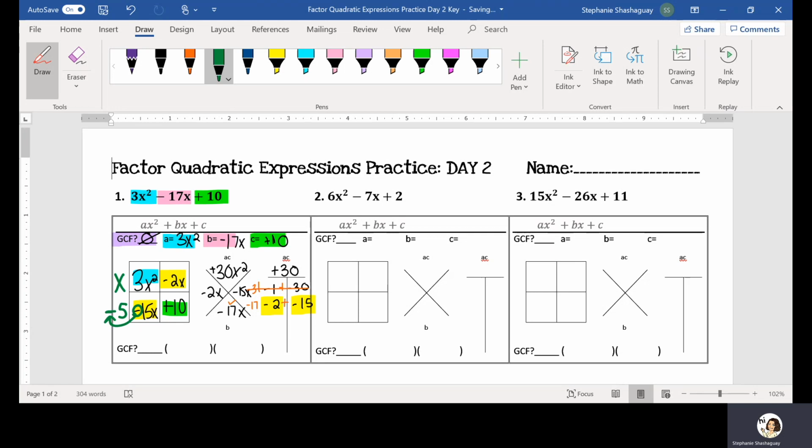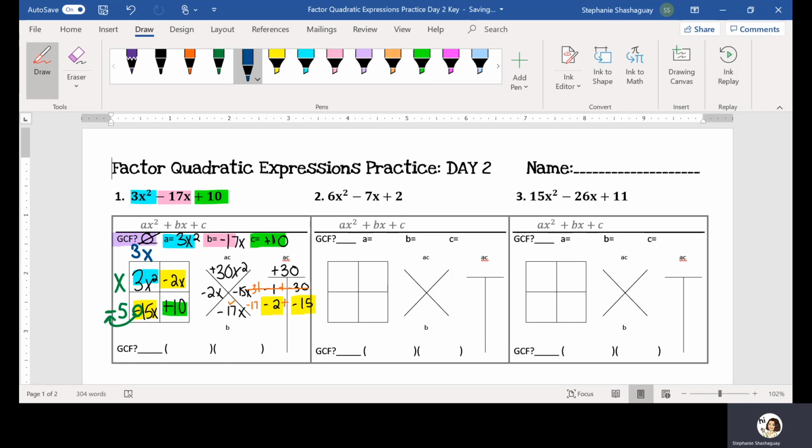Now I'm going to go to my columns. I have a 3x squared and a negative 15x. So I can factor out a 3 because both 3 and 15 are divisible by 3. And I can factor out an x because I have an x squared and an x.